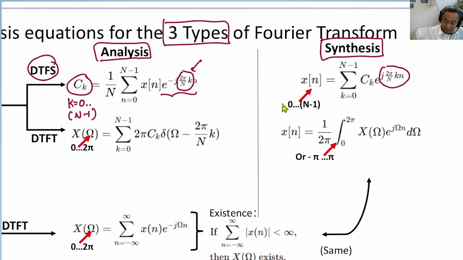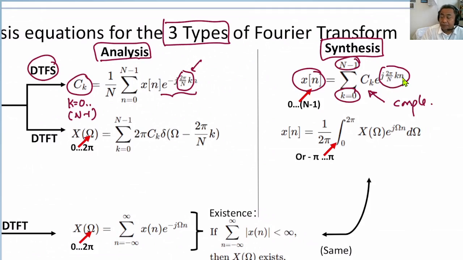Fourier says to reconstruct xn, just find the correct coefficients weighting. Ck's are complex numbers. You will generate magnitude and phase, multiply by the complex exponential of this k frequency from k equals 0 to n minus 1. That's it. So that's the genius of the Fourier transform for periodic signal. You don't care about any other frequencies. You only care about the frequency at 2 pi divided by n times k.